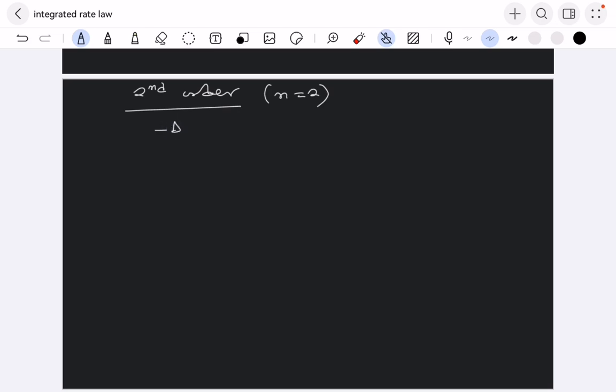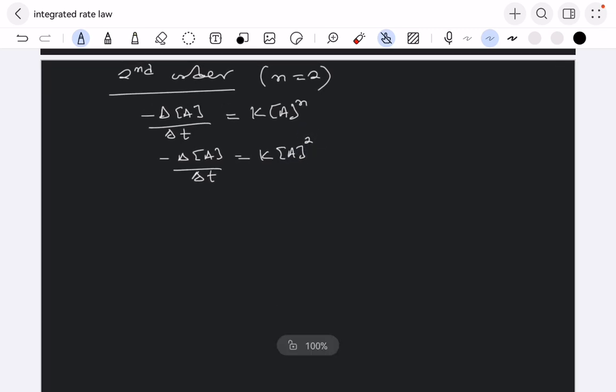So the change in the concentration of A divided by the change in time is given by k, A to the power n. In this case, dA/dt equals k A squared.